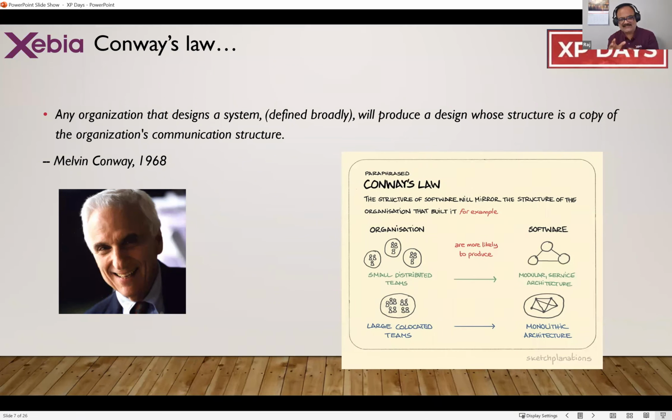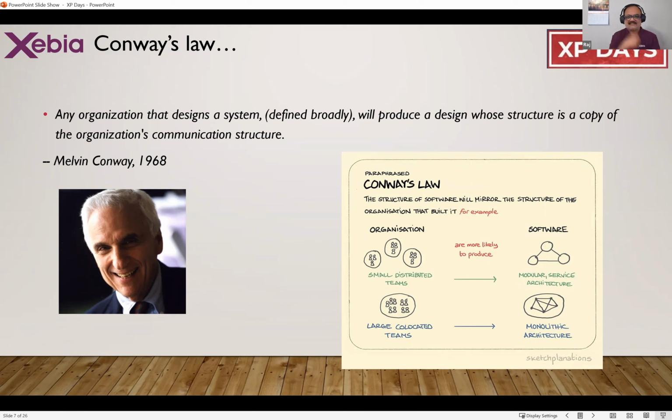But what happens as the organization grows? Of course, there's merit in that. You organize, because you bring structures. You start seeing a hierarchy coming up. There's a law given by a gentleman called Melvin Conway. In 1968, almost 54, 55 years ago, that person came up with the law, which is relevant even today.